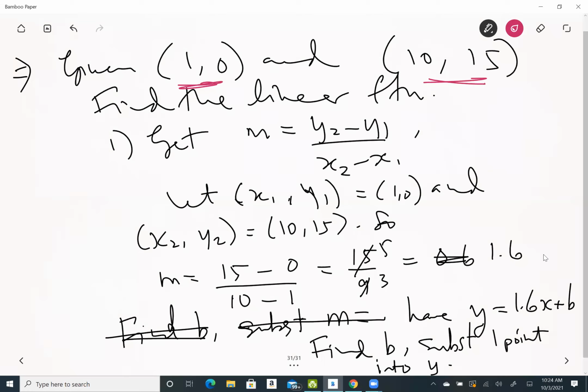So you have to substitute that one point into y to get the constant b, that means the y-intercept. So we choose what? We choose the one that is easier to compute.